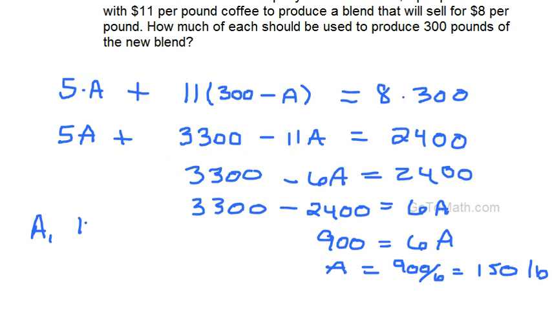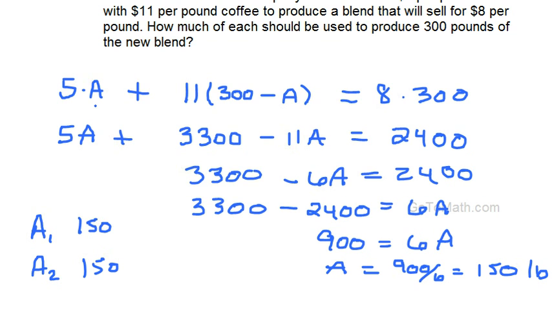We're going to need 150 pounds, and well, that's kind of strange, because that means A2 is going to also be, who would have known? Well, that'd have to be 150, because 300 minus 150 is also 150. Isn't that interesting?